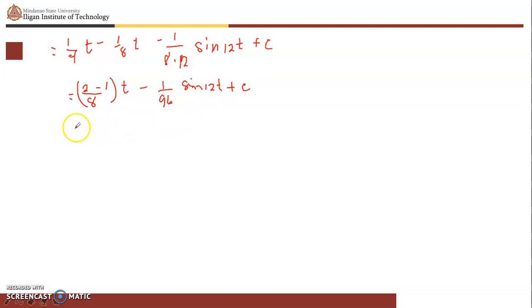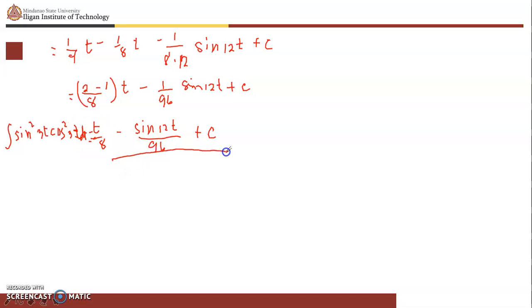In other words, the final answer will be t over 8 minus sine 12t over 96 plus c. So that's the value for the integral of sine squared 3t cosine squared of 3t dt. The final answer is this one. Okay, so we are done.